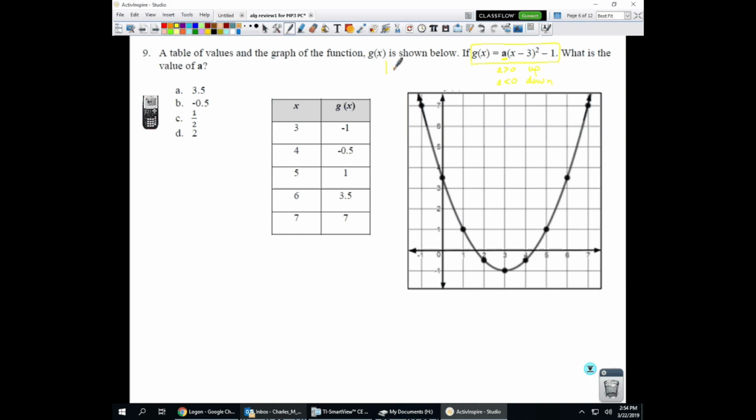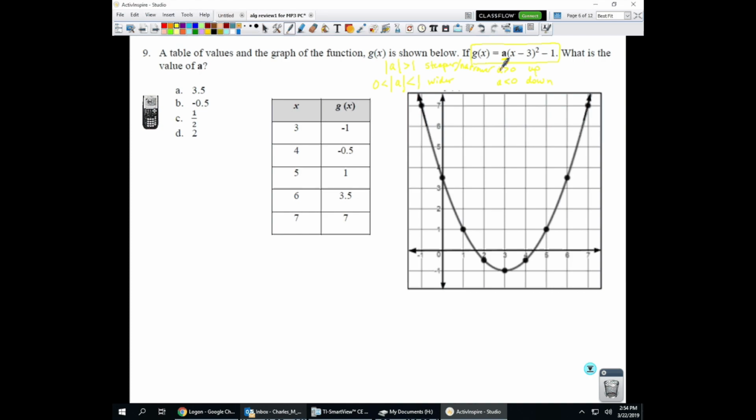So when the absolute value of a is greater than 1, it gets steeper. And if the absolute value of a is between 0 and 1, it gets wider. Steeper is actually another way to say narrower.